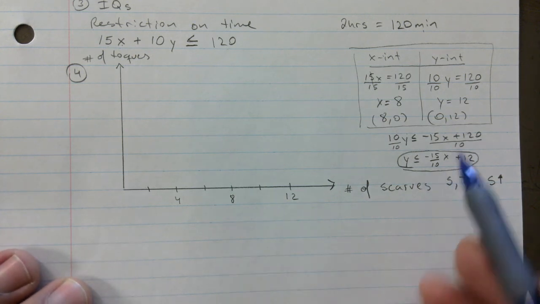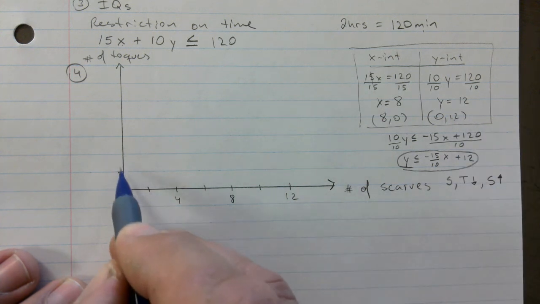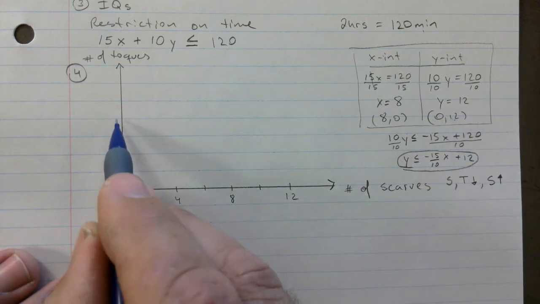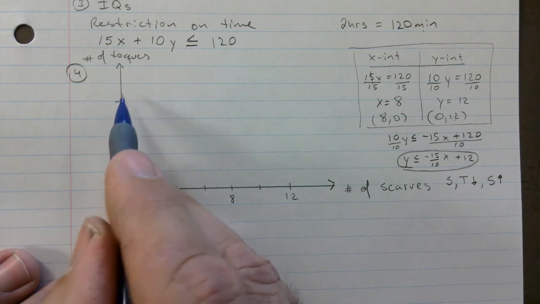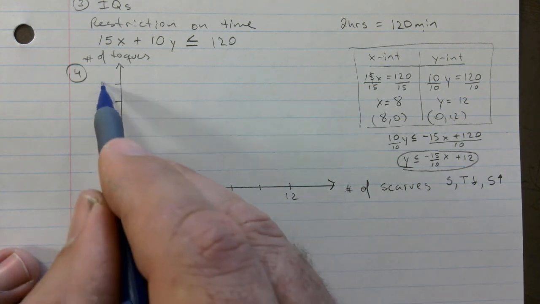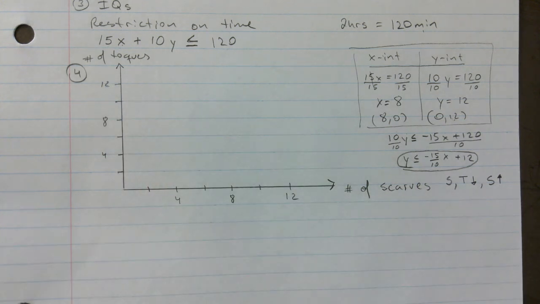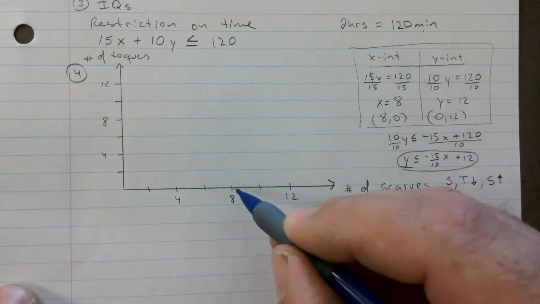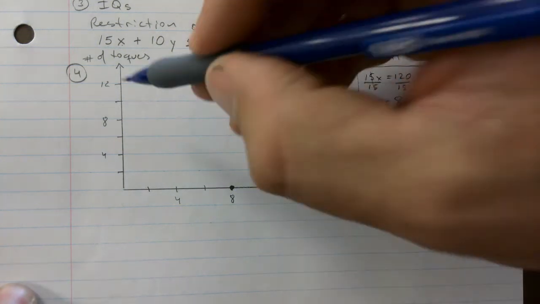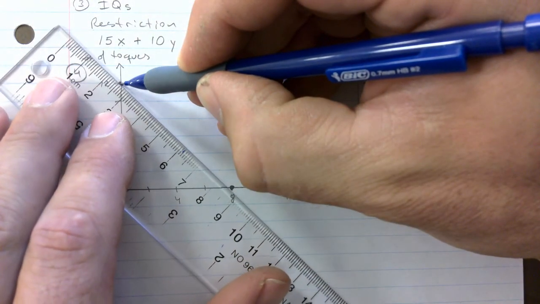On my y-axis, I need to make sure I have enough for 12. So you might want to go 2, 4, 6, 8, 10, 12. For me, it works. For you, it might not, so you might have to go up by 3. So (8, 0) is right there, (0, 12) is right there. It's a solid line. Do not go past.